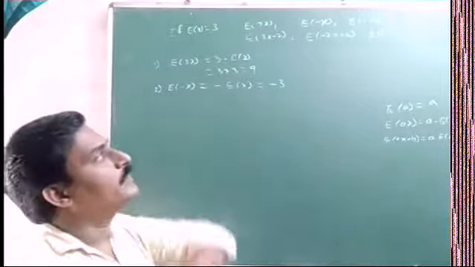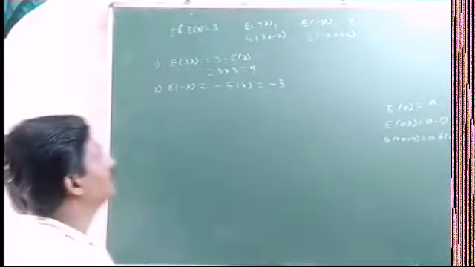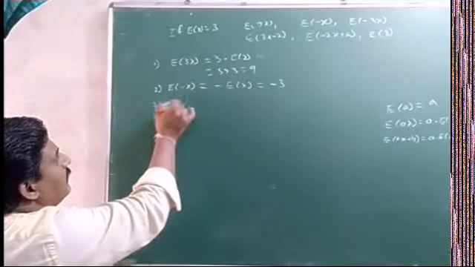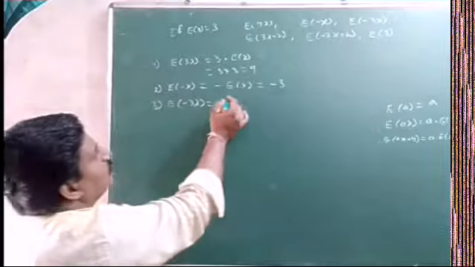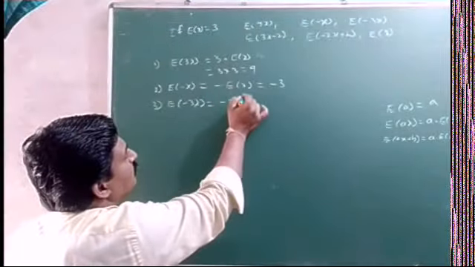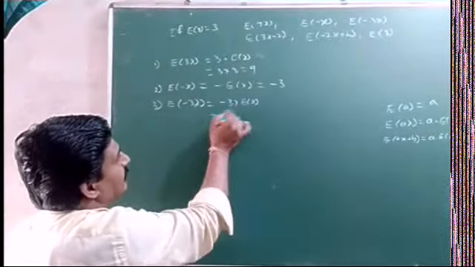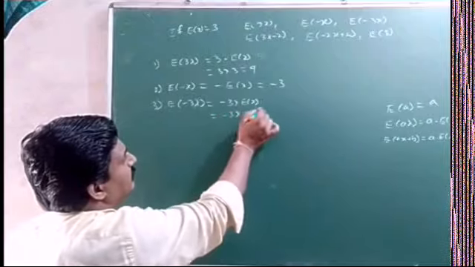Third one, E of minus 3x is equal to minus 3 into E of x, that is minus 3 into 3, is equal to minus 9.